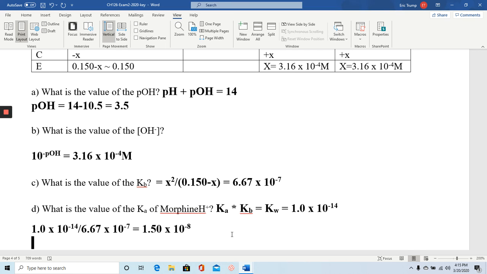They'll be small values, usually between about 0 and 14. Ka and Kb values are typically small numbers, with negative exponents. The exceptions would be strong acids like sulfuric or hydrochloric. Those would have very large Ka values.